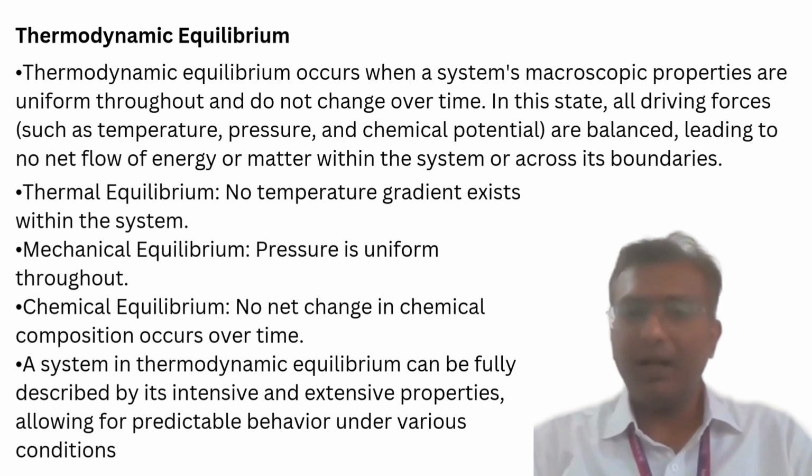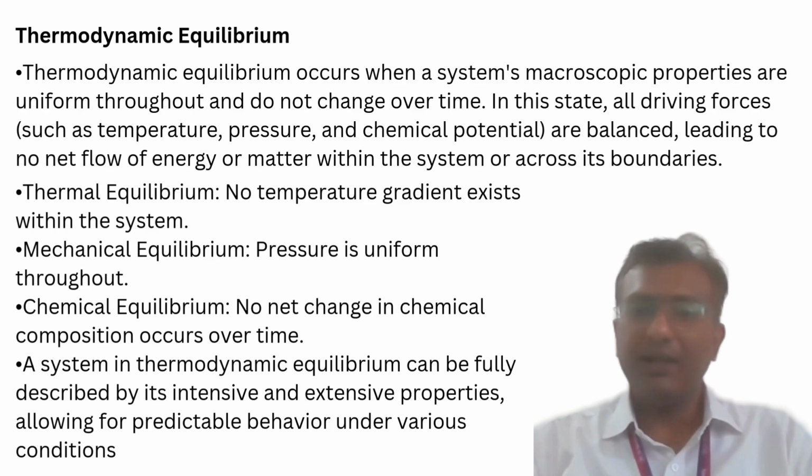However, what happens if the system is not in equilibrium? For example, if there's a temperature difference inside a container, heat will naturally flow from the hotter region to the cooler region. This heat flow will continue until thermal equilibrium is reached, with the temperature becoming uniform throughout.